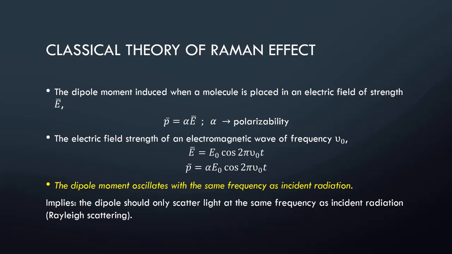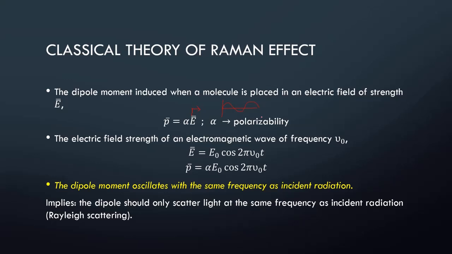So P is alpha times E. But we know that this particular E is not a constant field. Since it is radiation, it alternates, right? It alternates as a sine wave or a cosine wave.